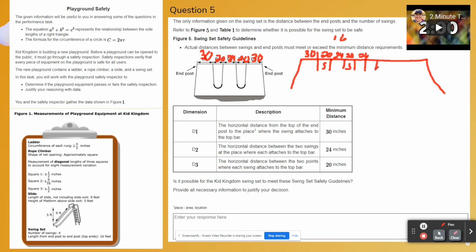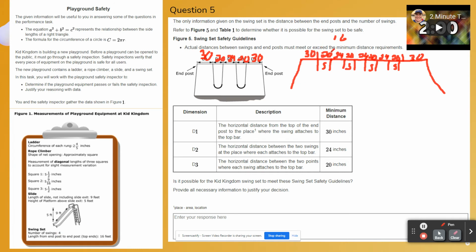Then another swing which needs to be 20. And then another section that needs to be 24. And then another swing that needs to be at least 20. And then this last little section here needs to be 30 because you have 4 swings. See, it tells you 4 swings down here.